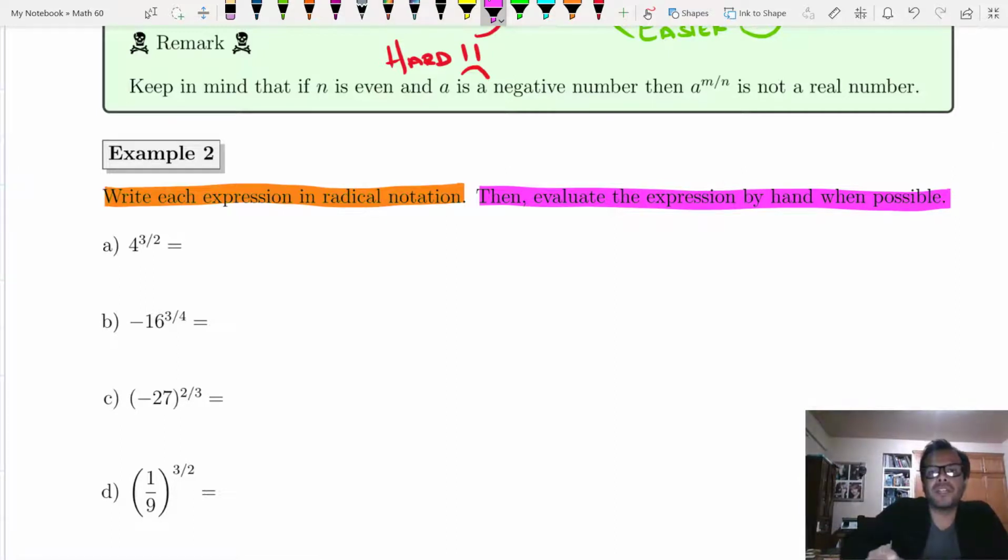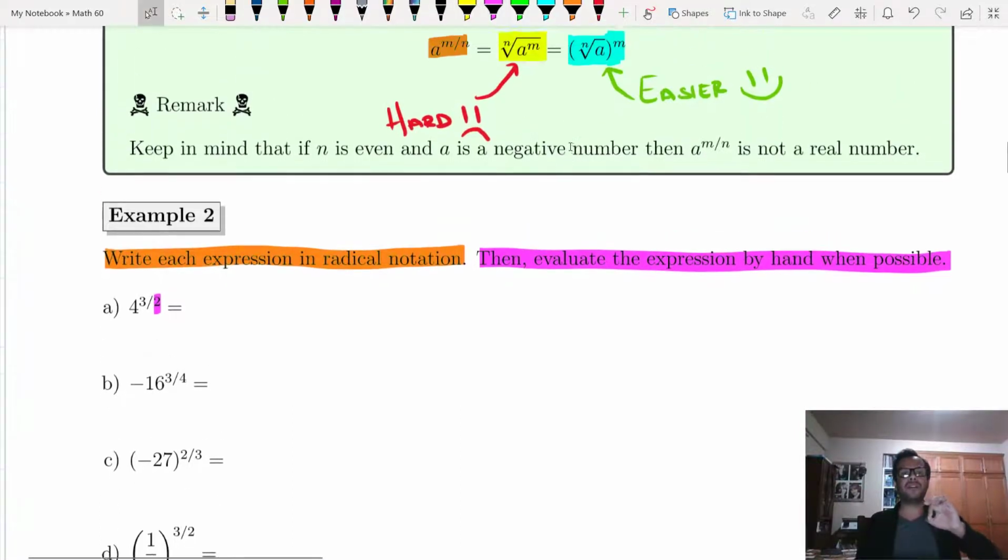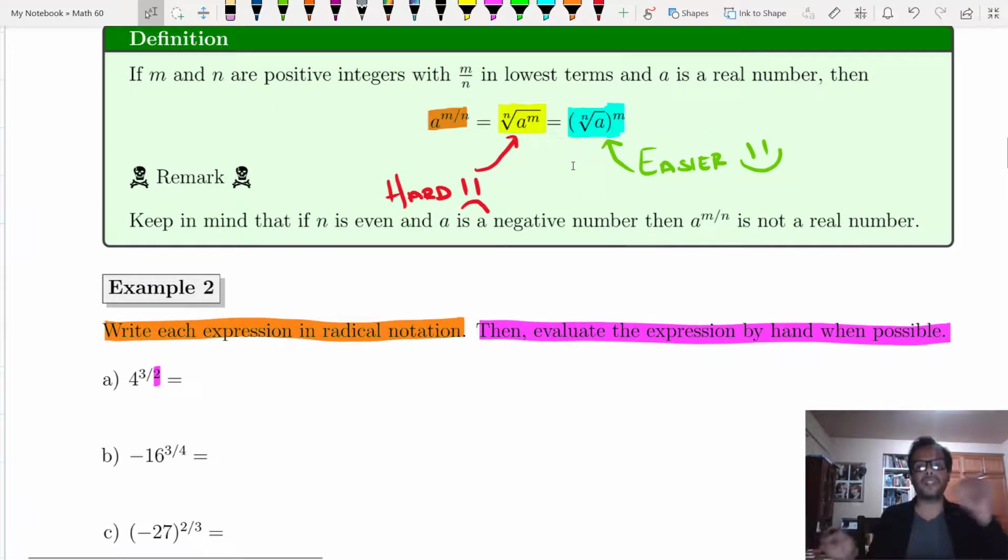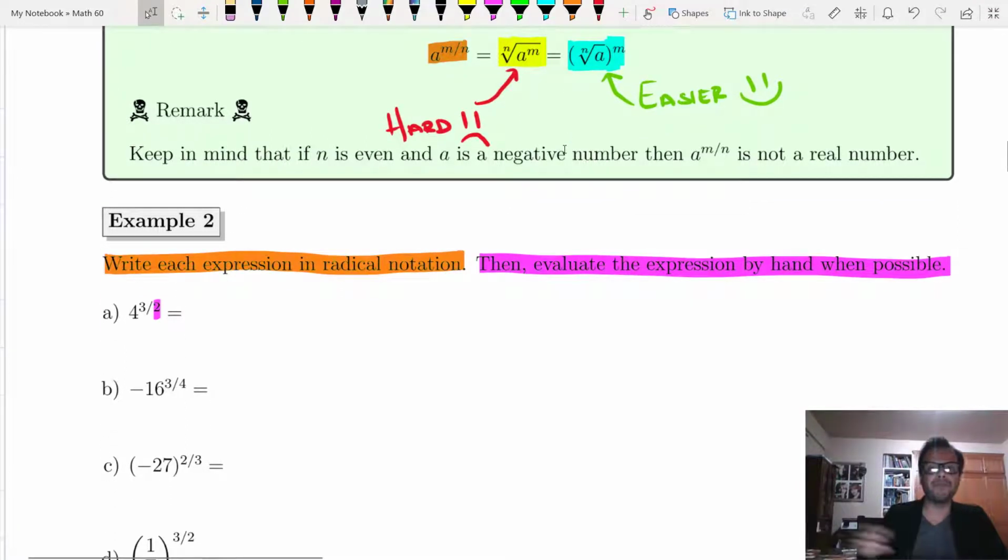In this case, the exponent is a rational quantity, right? So let's highlight the denominator, because that's what is going to tell us what the index of the radical will be, in accordance to the rules that we have here, right? This rule, right?